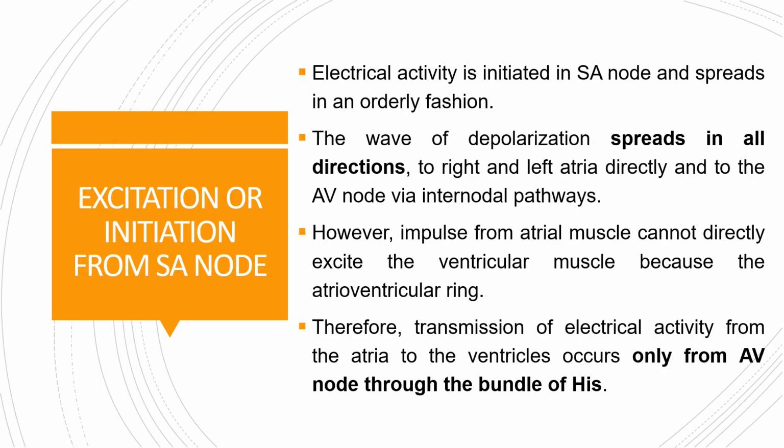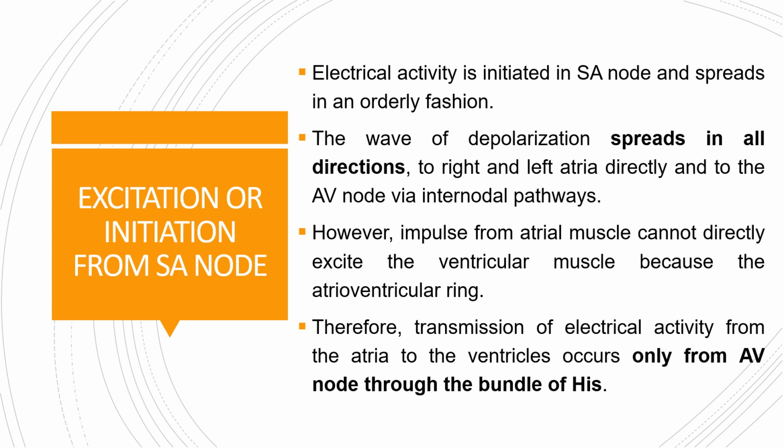Electrical activity is initiated in the SA node and spreads in an orderly fashion. The wave of depolarization spreads in all directions, to the right and left atria directly and to the AV node via internodal pathways.